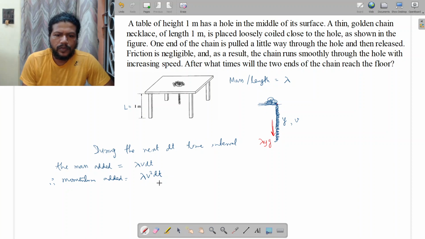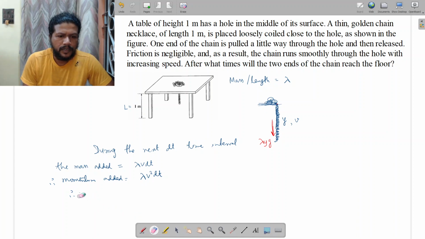So the average force exerted on the falling part by the portion at the top, which has to be speeded up, is simply the momentum added divided by the time, which is lambda into v square.